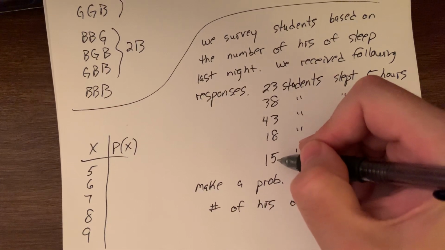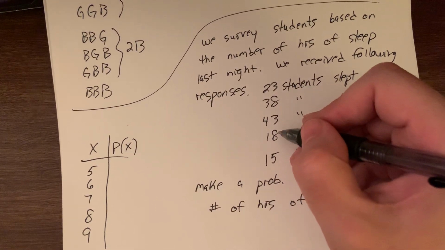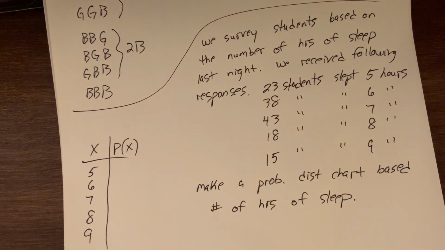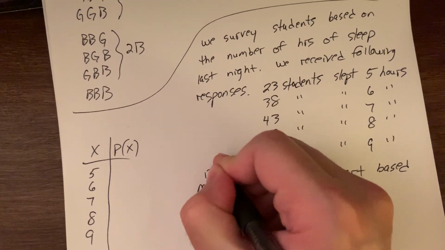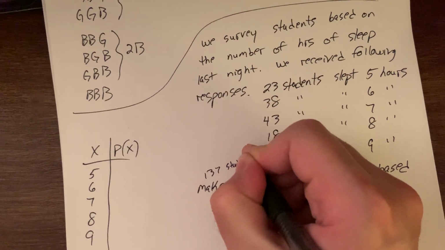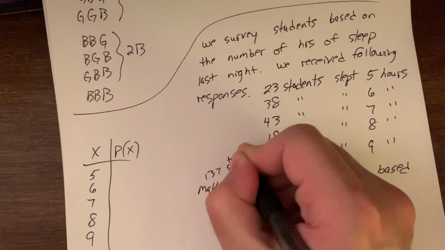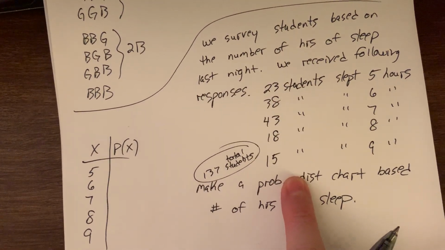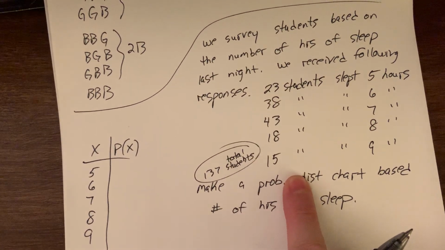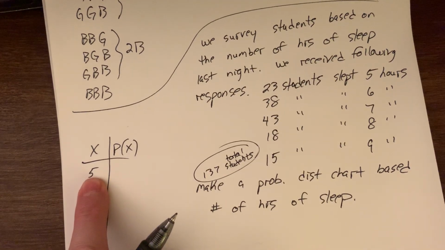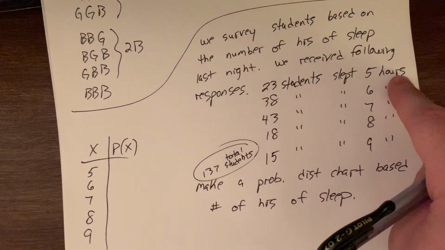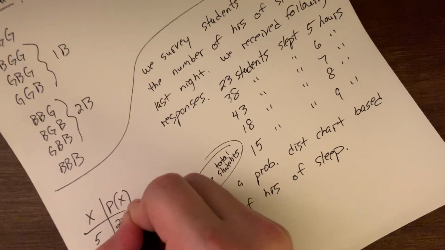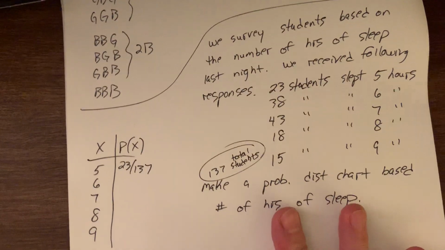So 23 plus 38 plus 43 plus 18 plus 15. We have 137 total students when I actually look at this list. So now when I start thinking about what's the probability you slept 5 hours, well, 23 students slept that long out of this many, so the probability would be 23 out of 137.